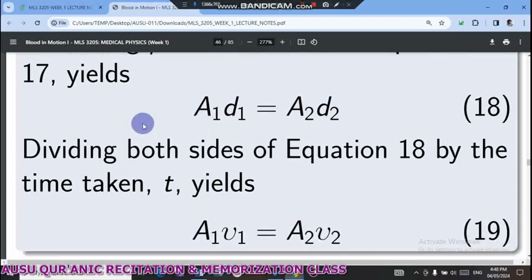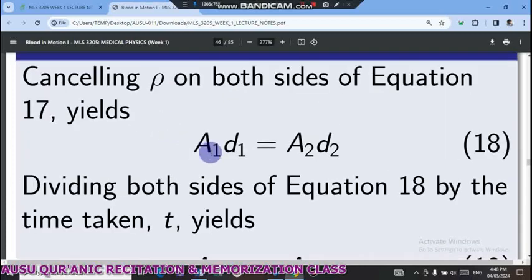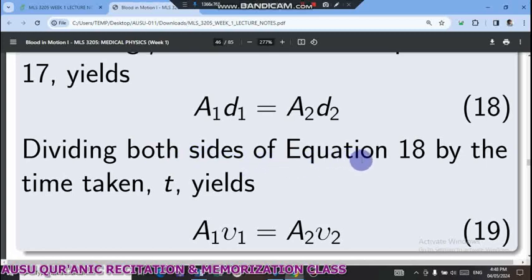Okay, the next idea is that, remember, the time taken to produce this volume is the same time it takes to produce this volume. So we can divide both sides by that same amount of time. Dividing both sides of equation 18 by the time taken t yields, if I divide this by t, it will be distance over time. This one will also be distance over time.